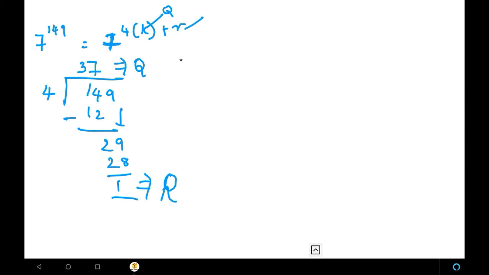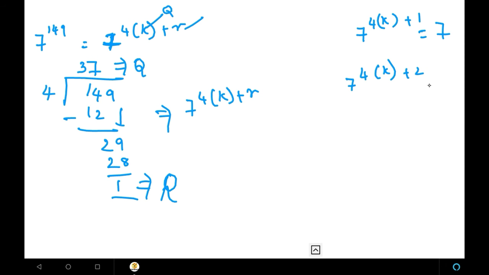So we should write this in the form of 7 power 4 into k plus r, right? For this 149, we also need to remember that 7 power 4 into k plus 1 is 7, 7 power 4 into k plus 2 is 9, 7 power 4 into k plus 3 is 3, 7 power 4 into k plus 4 is 1.